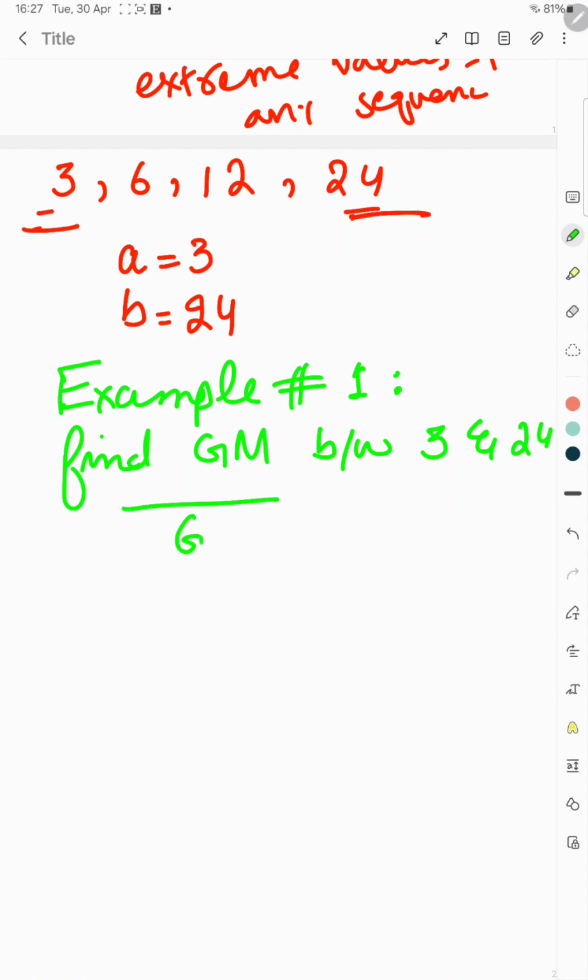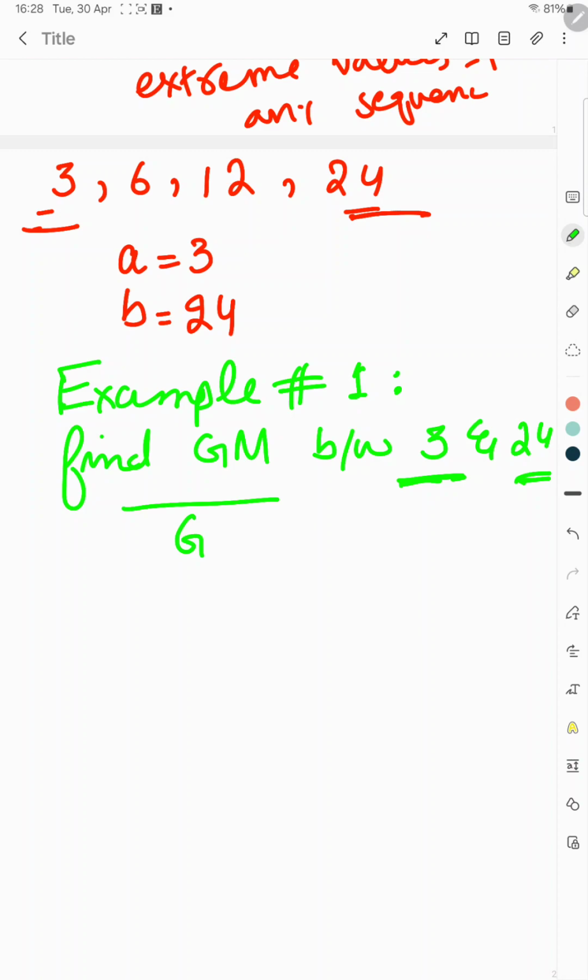So it means we have to find capital G, which is used to represent geometric mean, and two numbers are given here. Here student, notice that sequence is not given but two numbers are given, 3 and 24. So student, always remember that the smaller number will be a, here a is equal to 3, and the greater number, which is 24, will be b.